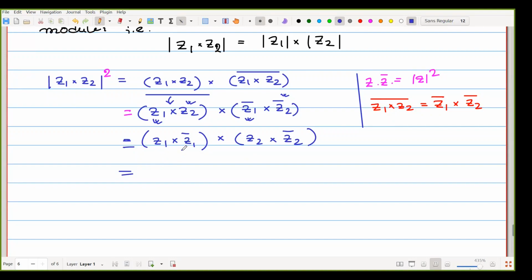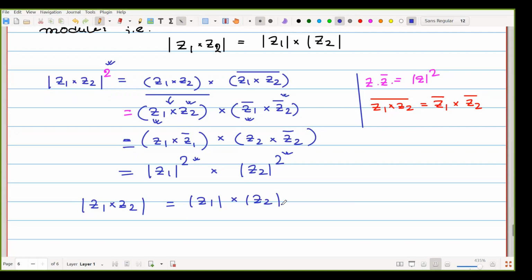That means z into z bar is equal to modulus of z square. So we can write it as modulus of z1 square into modulus of z2 square, which implies that both are squares here. So that implies modulus of z1 into z2 is equal to modulus of z1 into modulus of z2.